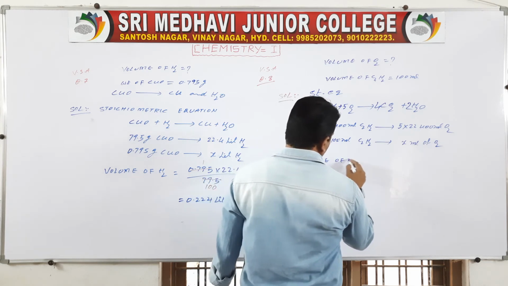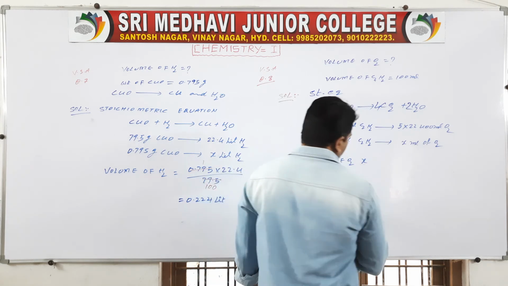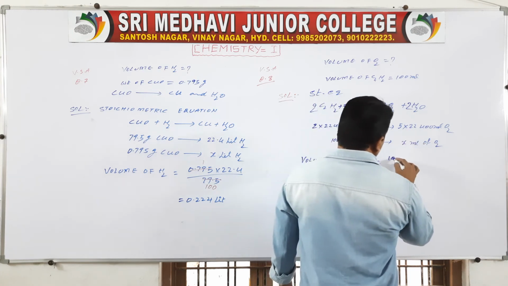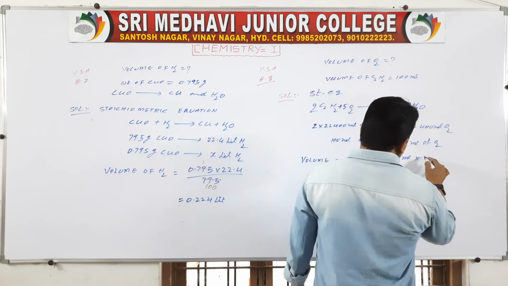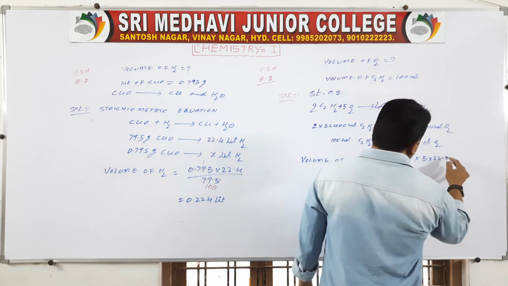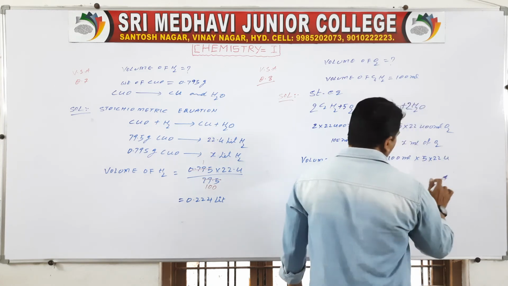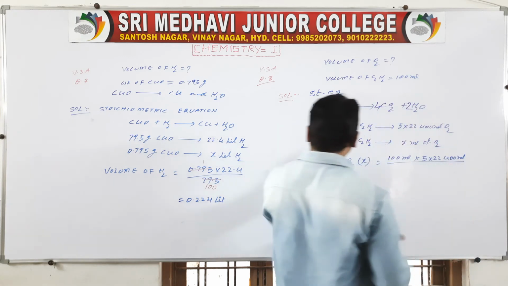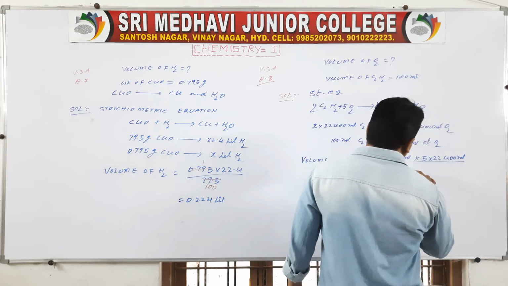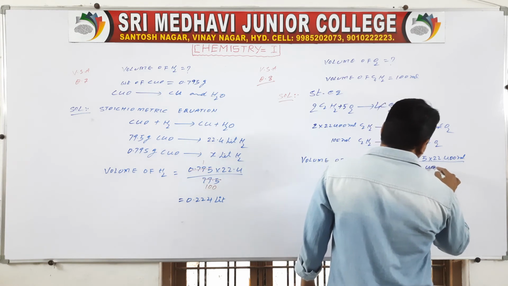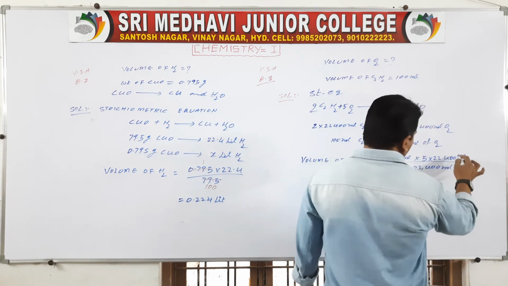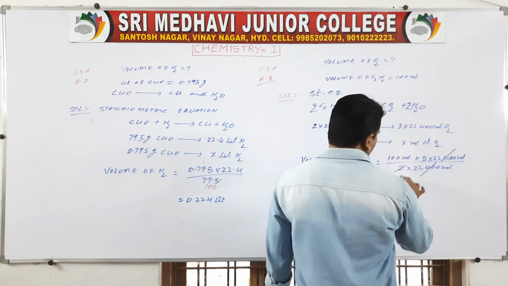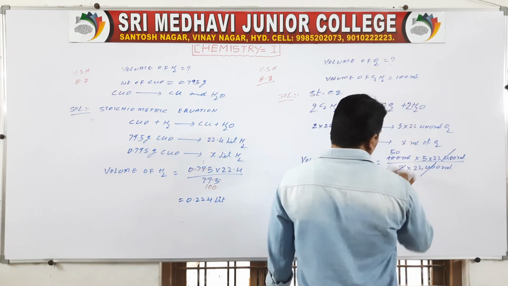By cross multiplication, X equals 100 ml into 5 into 22,400 milliliters by 2 into 22,400 milliliters. 22,400 cancels. 2 ones are 2, 50s are.